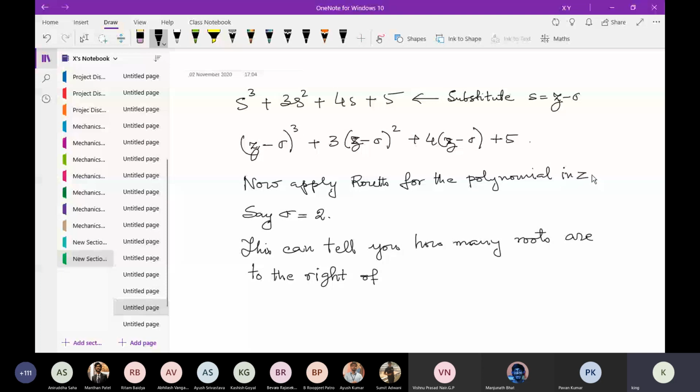It tells us how many roots are to the right of x equal to 0. So in this case, it will tell us how many roots are to the right of s, or x equal to minus 2.